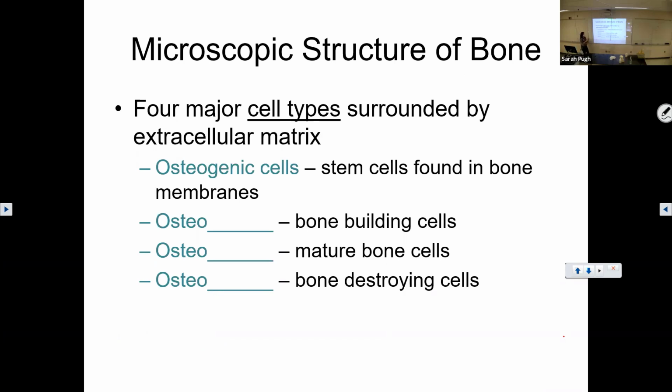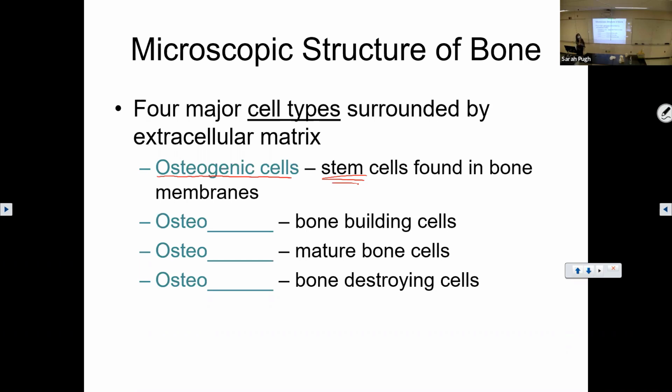So we've gone through the structure of long bones, short, flat, and regular bones, kind of talked about what they look like. We're going to drill deeper and look at the microscopic structure of bone. Now, in your bone, you actually have 4 different types of cells. You have a type of cell called an osteogenic stem cell. And these are stem cells.